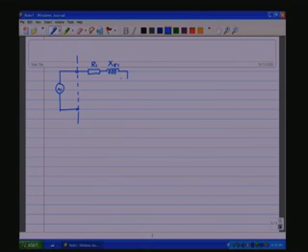This is followed by the magnetizing reactance and the core loss component.